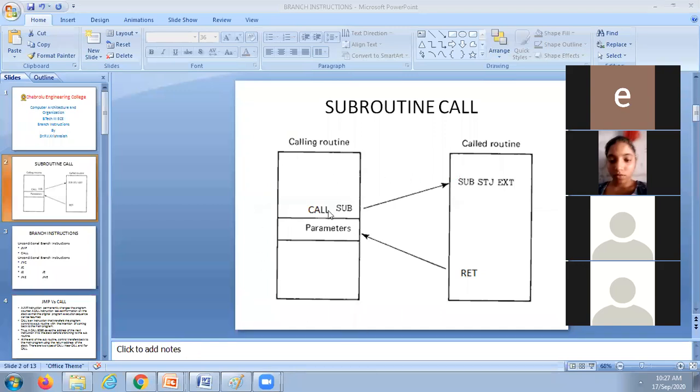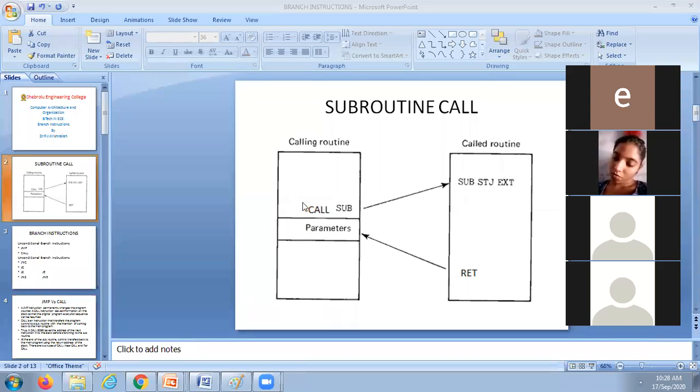That means whatever the status of the processor is at this call instruction, what is there in registers and all contents, that is the status of the program. While running the program, all the registers are filled with some data.